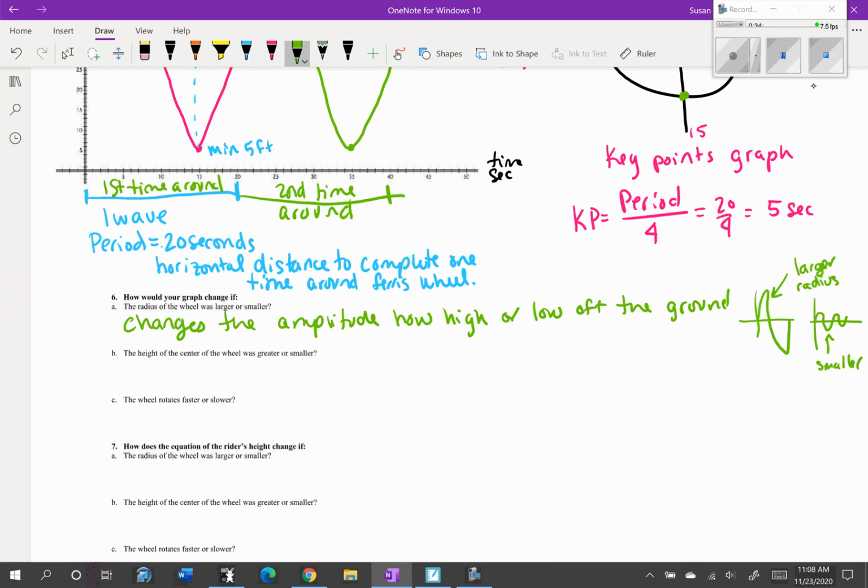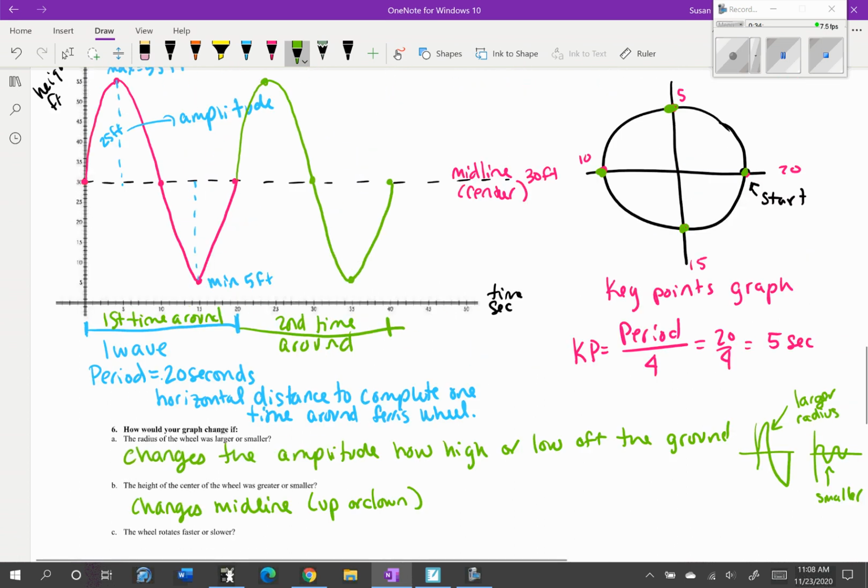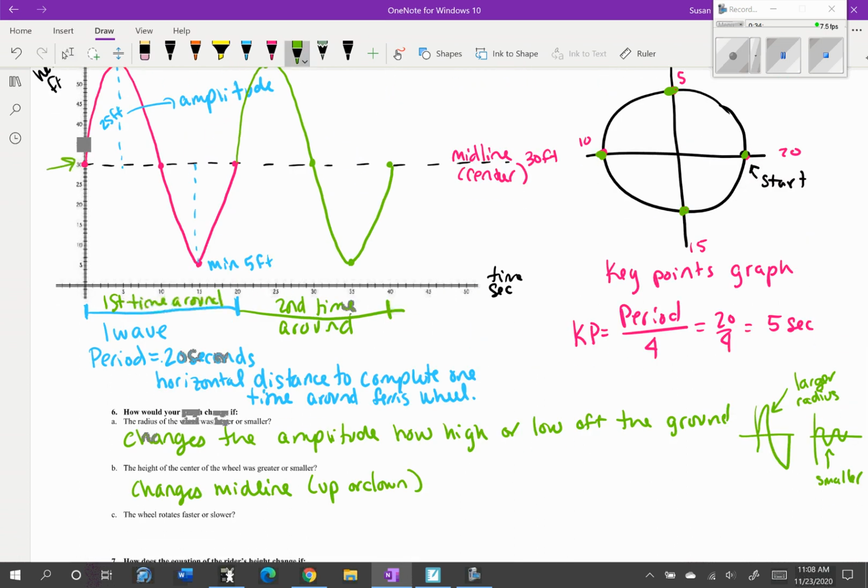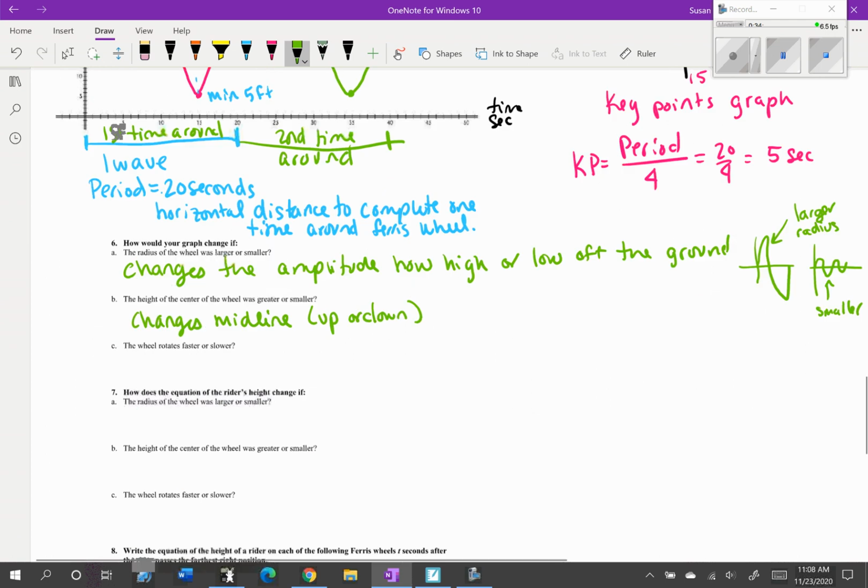So if the height of the center of the wheel was greater or smaller, that would change the midline, which moves your graph up or down. So again, it would just change this line right here, moving it up or down.